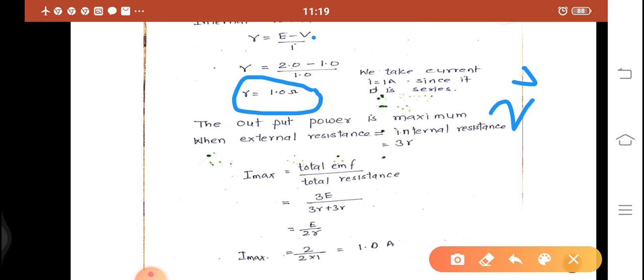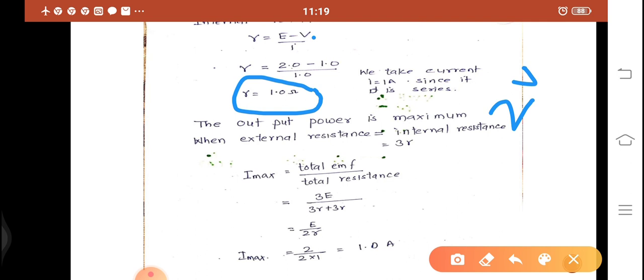The output power is maximum when external resistance is equal to internal resistance. So total EMF is 3E, because we have 3 cells, and total resistance is 3R plus 3R. So it will be 6R, so 3E upon 6R, that is E upon 2R.